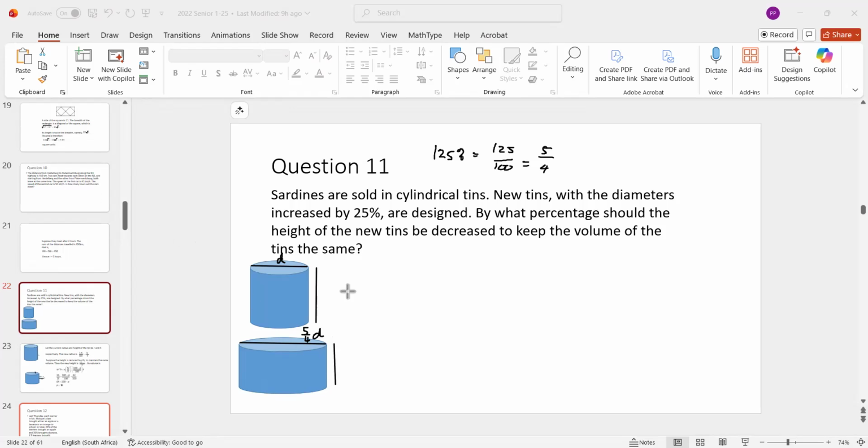So let's call this height here H. By what percentage should the height of the tins be decreased? Okay, we don't know what this is. Like here, we knew what the new diameter was. We don't know. So this is really the question. What must you decrease this by to keep the volume of the tins to be the same?